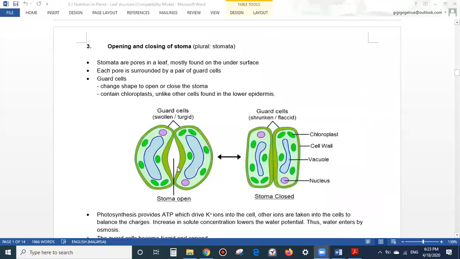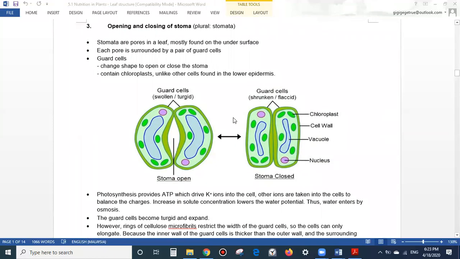So next is the opening and closing of stomata. So basically, normally I like to do this in the form of a table to compare the two of them. So we start off with opening of stomata. In order for the stomata to open, you must have light first.